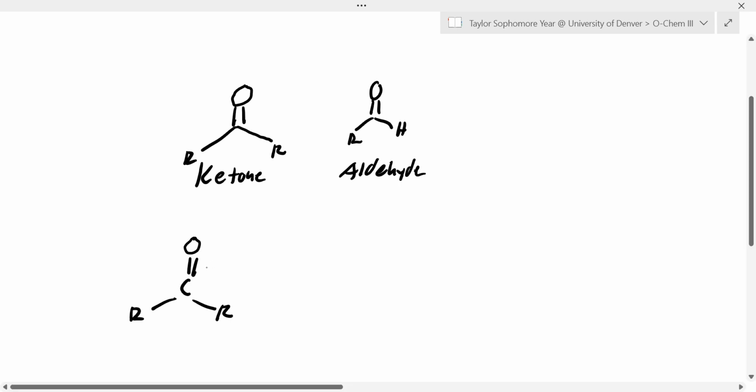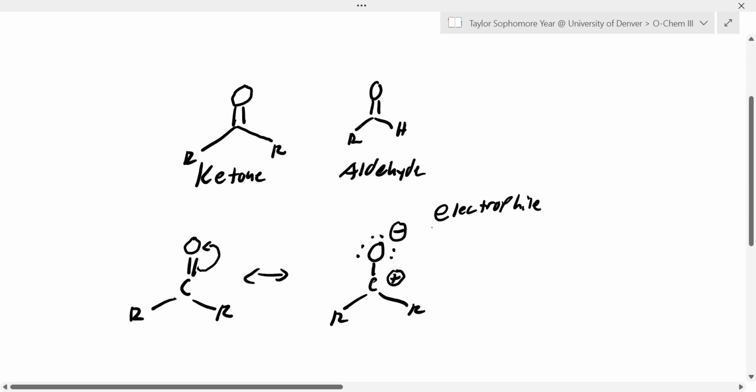We can do this by making a resonance structure, creating this. By having this, we can safely say that oxygen is the electrophile, as it has more electrons, and the nucleophile is one of these R groups.